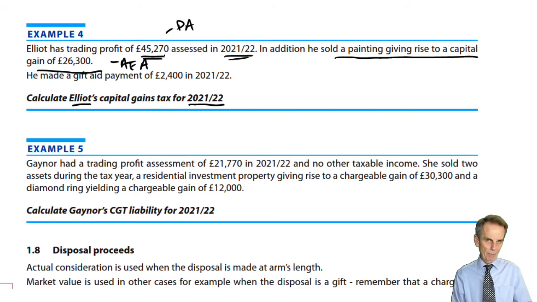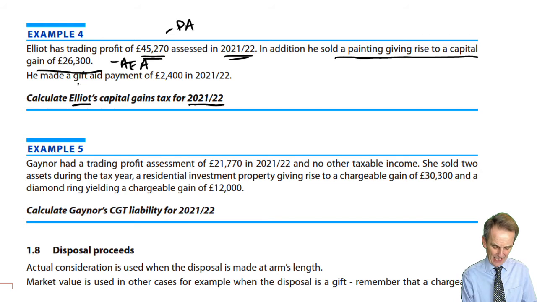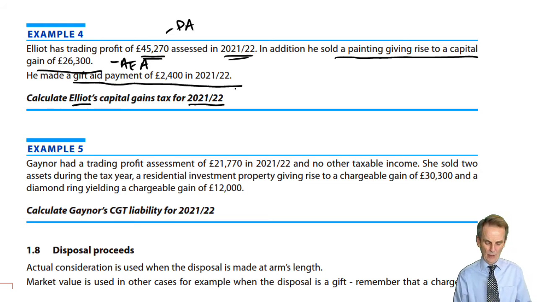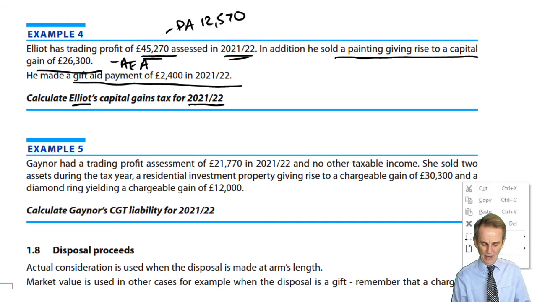But then a new component thrown into the action here. And that is that Elliot made a gift aid payment of £2,400 in 21-22. A gift aid payment. Now, the relevance of that, it means, of course, that in the income tax computation, although when we took that personal allowance of 12,570 away from the trading income of 45,270, we would still remain just a basic rate taxpayer.